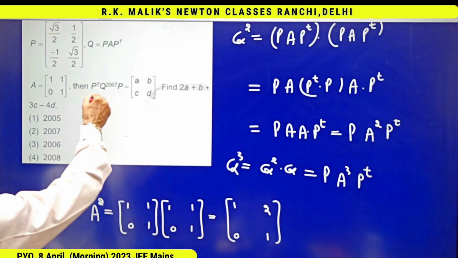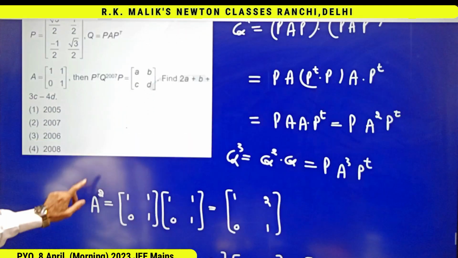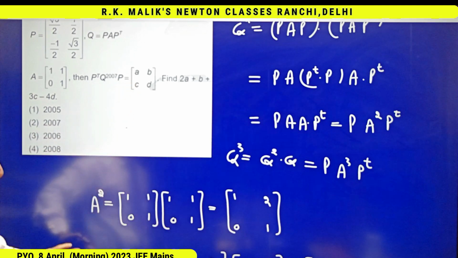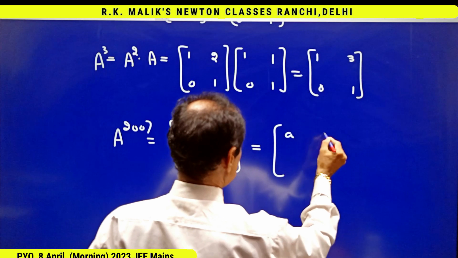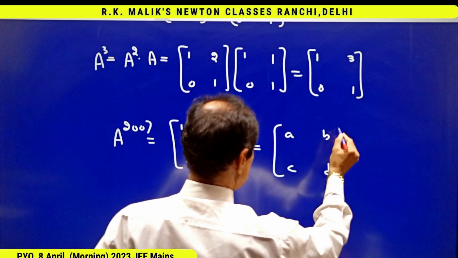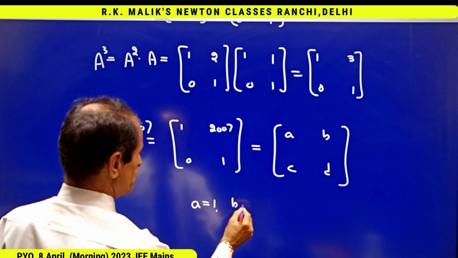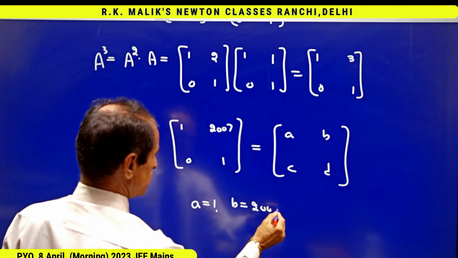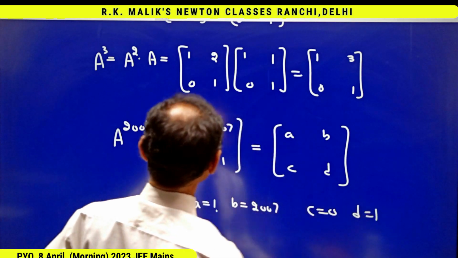Hence, I can say this is A to the power 2007, and because this is A, B, C, D, this is equal to A, B, C, D. Therefore, A equals 1, B equals 2007, C equals 0, and D equals 1.